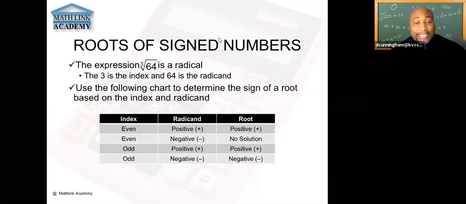If the index is even and the radicand is negative, there is no solution. If the index is odd, it doesn't matter if the radicand is positive or negative, you can get a solution, either positive or negative. So it's the even index with a negative radicand where you have no solution for the root.